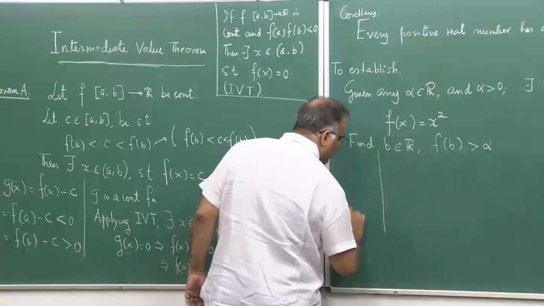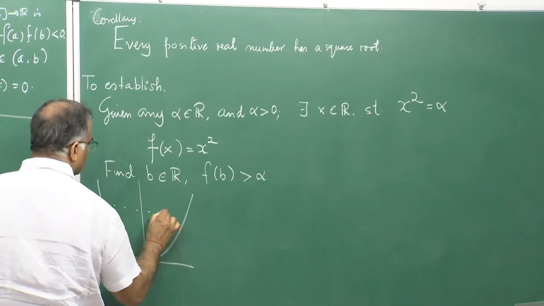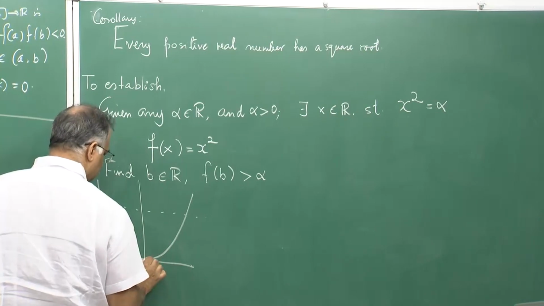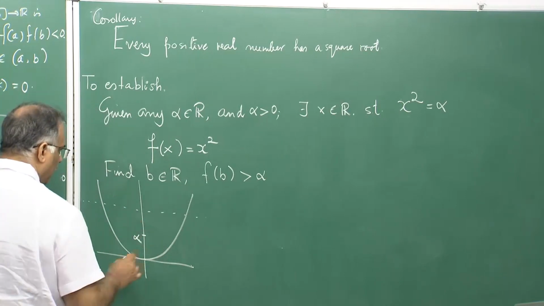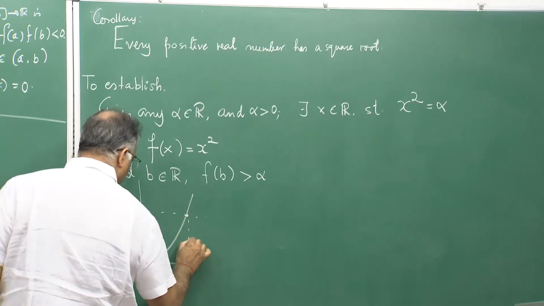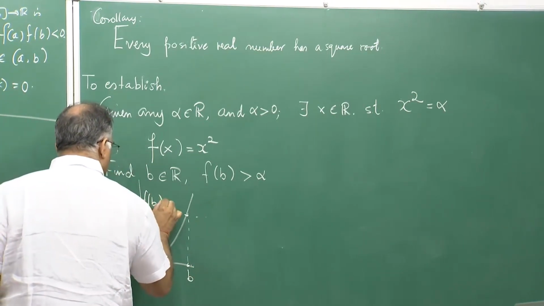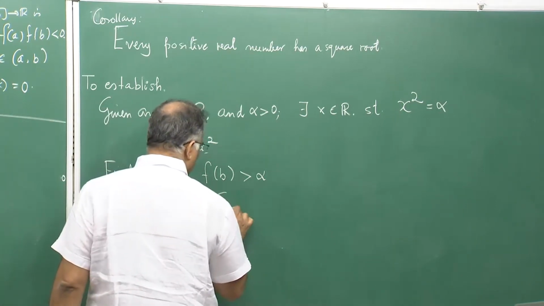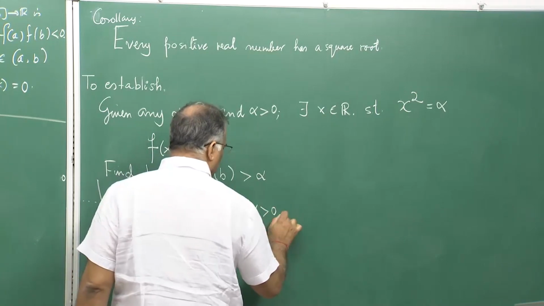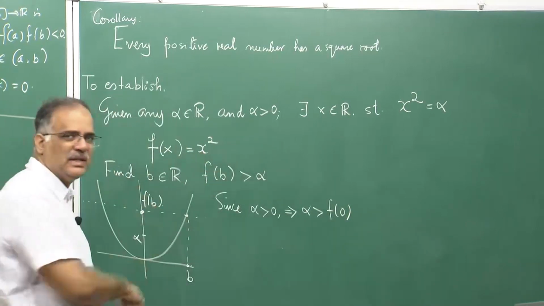So, here let me draw the diagram, f(x) equal to x square. Here is my alpha, and here is my b, and here is my f(b). So, f(b) is strictly bigger than alpha, but since alpha is a positive number, alpha is strictly bigger than f(0), because f(0) is 0, as it is x square.